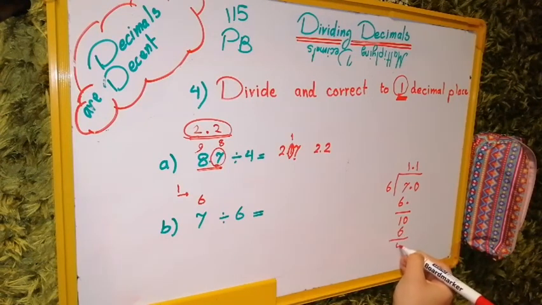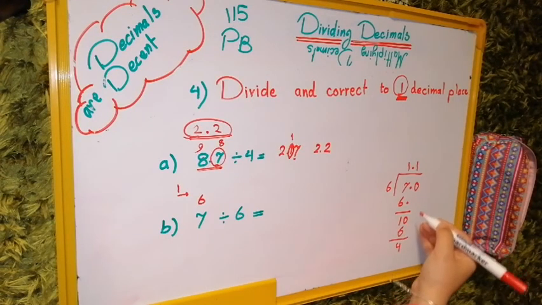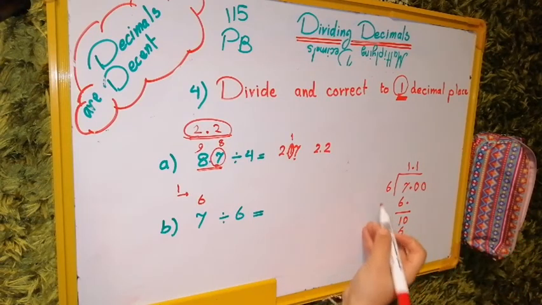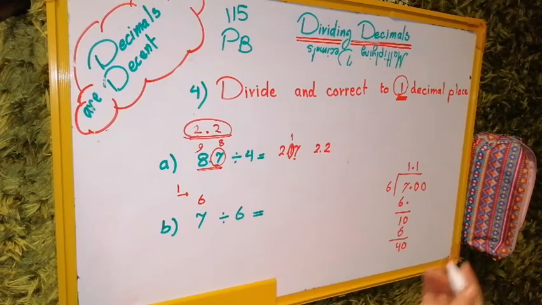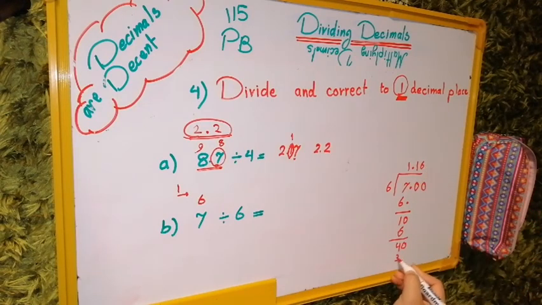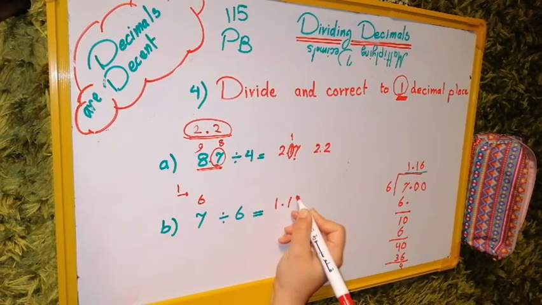I'm going to have 4. Here I'm going to add 1 more 0. So I'm going to say 40 divided by 6 is 6, because 6 times 6 is 36. So this is going to be 36. I have 4 left here, but I will stop here. I'm not going to continue. As you can see, this is the number. It's going to be 1.16.